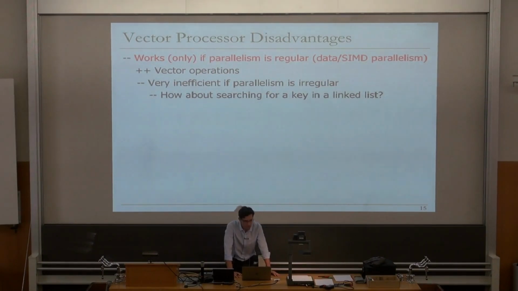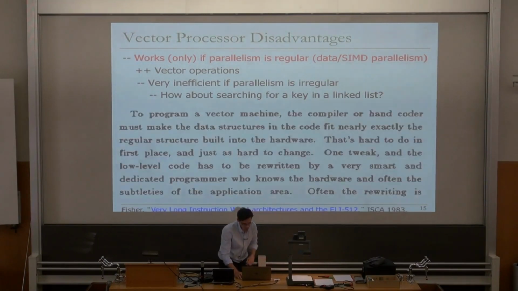So, for example, when you try to search for a key in a linked list, it's an inherently sequential operation. You have to go step by step until you reach the desired key. And this is one particular operation where a vector processor or a SIMD processor is not going to perform well.